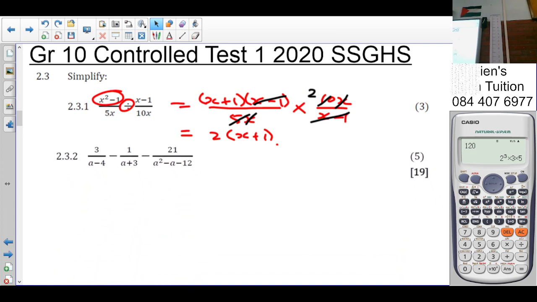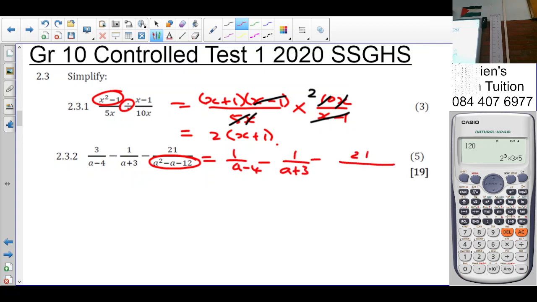The next one, you're going to factorize the denominator first. So that gives us 1 over a minus 4, minus 1 over a plus 3, minus 21 over a minus 4, a plus 3. So what's your LCM here? a minus 4, a plus 3.